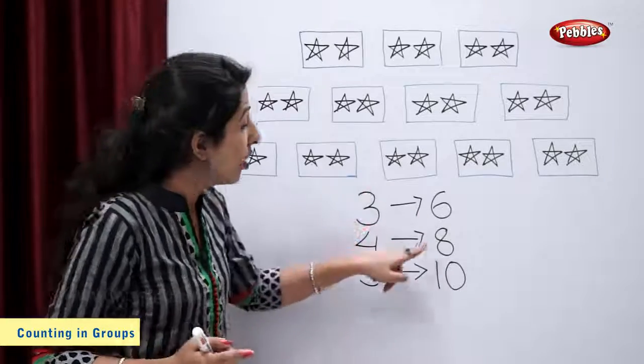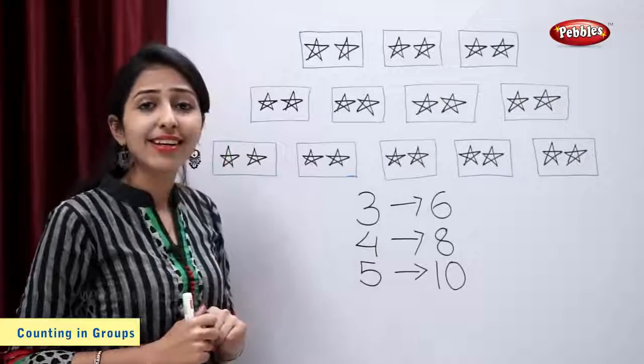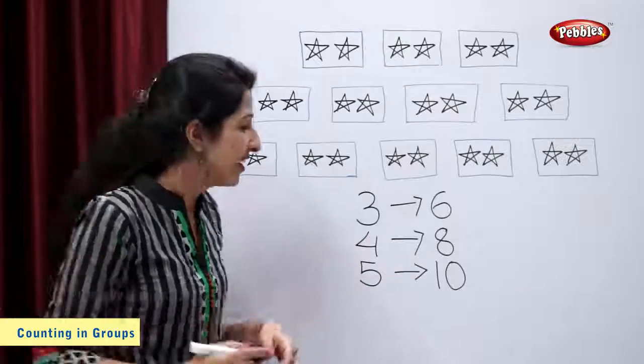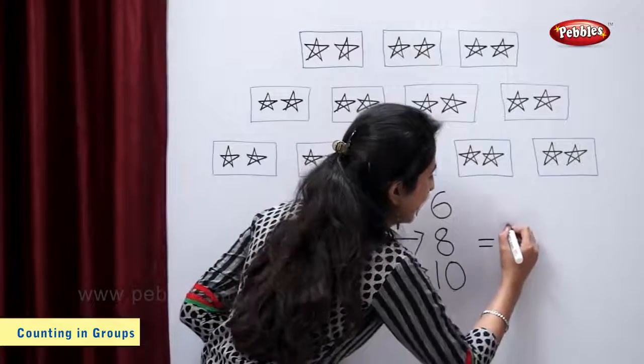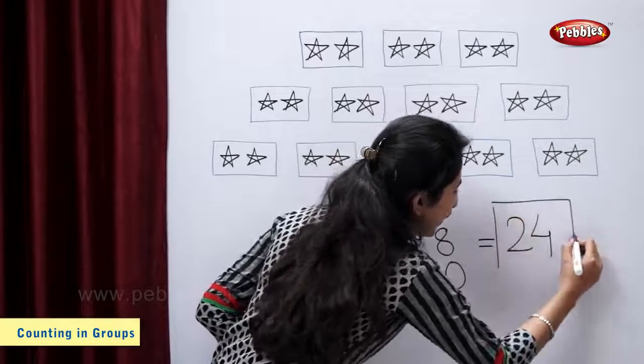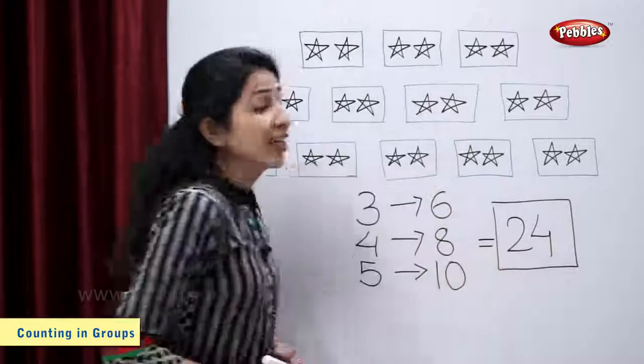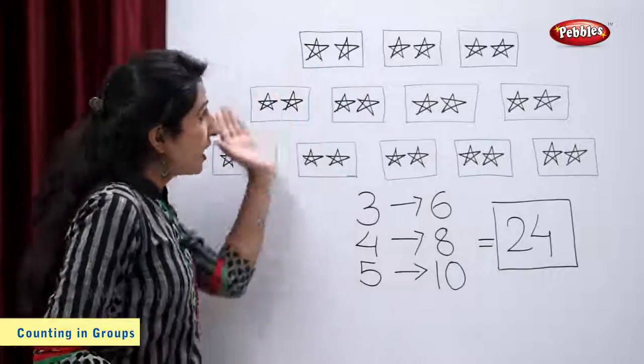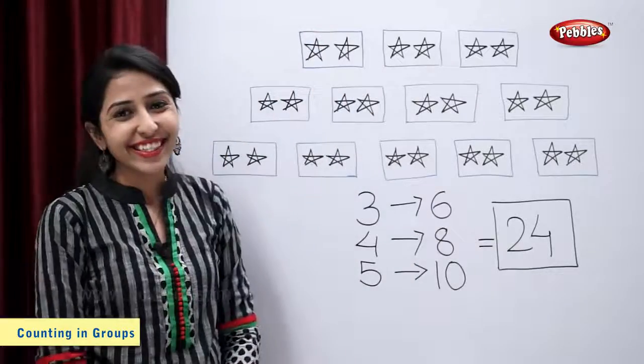And how much is 14 plus 10? 24. There are total 12 pairs containing 2 stars each. So there are total 24 stars on the board.